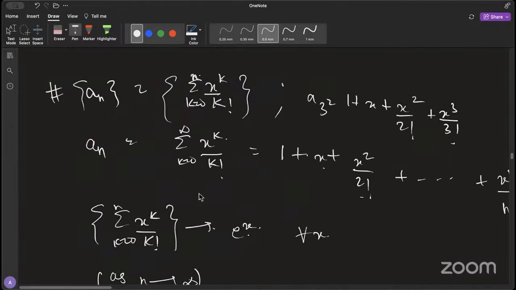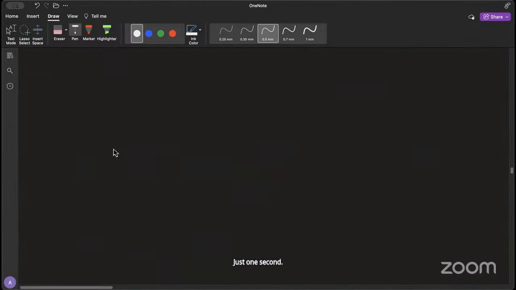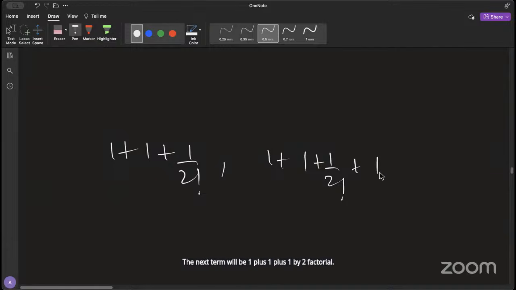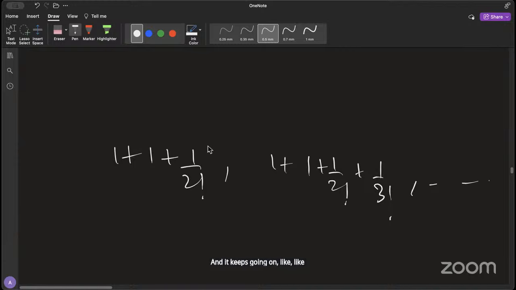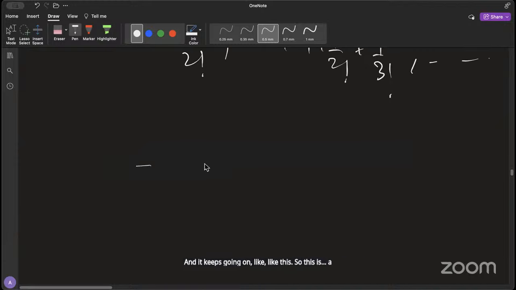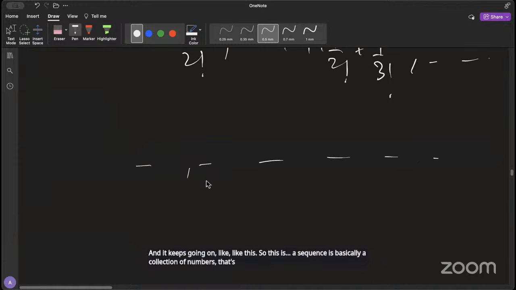You're talking about this one, right? 1 plus 1 plus 1 by 2 factorial. The next term will be 1 plus 1 plus 1 by 2 factorial and 1 by 3 factorial, right? That's correct, and it keeps going on like this. So a sequence is basically a collection of numbers which keeps going on. That's what a sequence is.